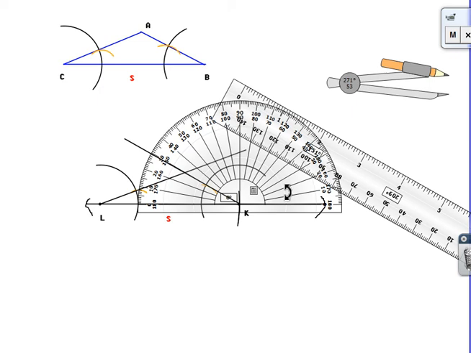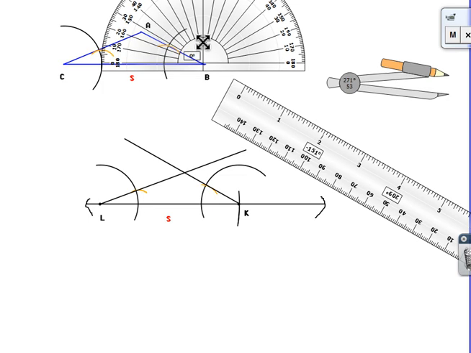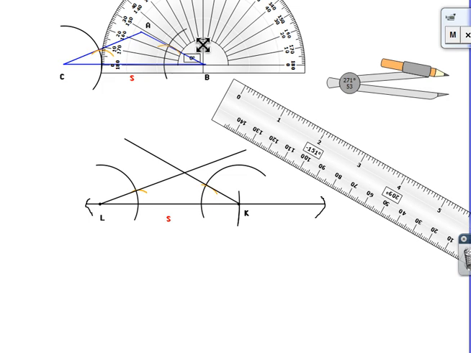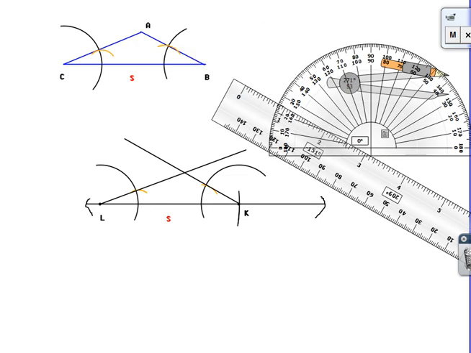So let's measure. That is exactly 30. Hoping this is 30. Nope. Oh, it's off by a degree. It's actually like 29. Alrighty, so let's just do this over.